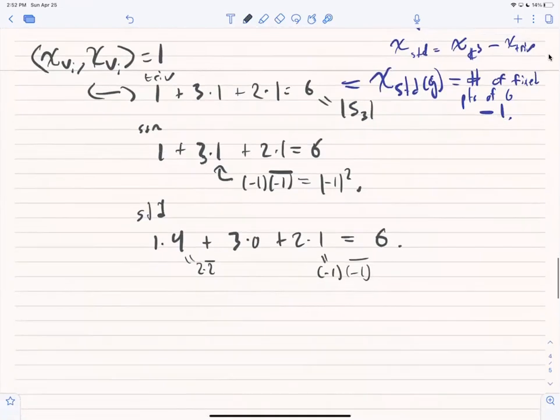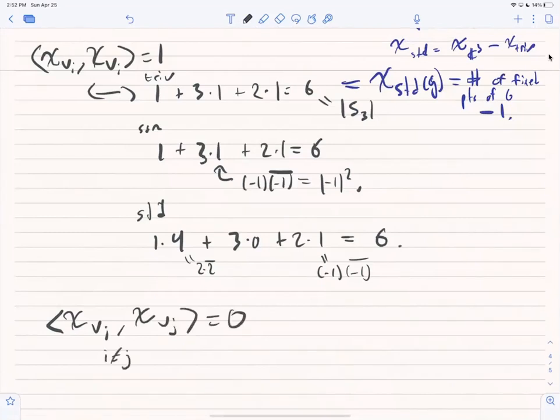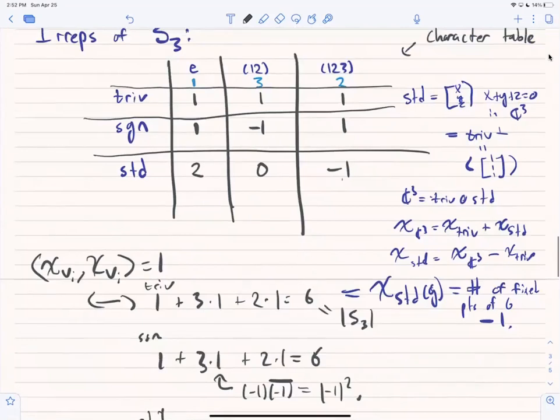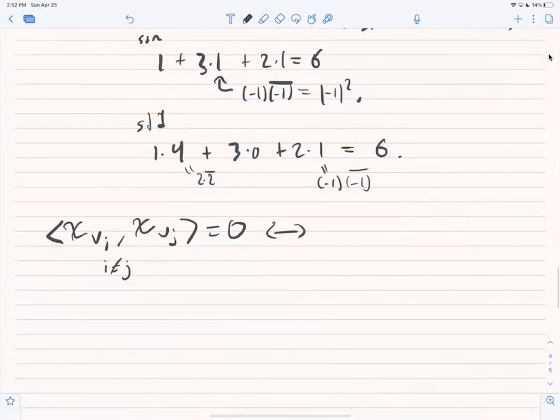Similarly, we have the identity that chi of vi, chi of vj is equal to 0 for i not equal to j. So for two distinct irreducibles, you get 0. If you check in this example, that's always true.